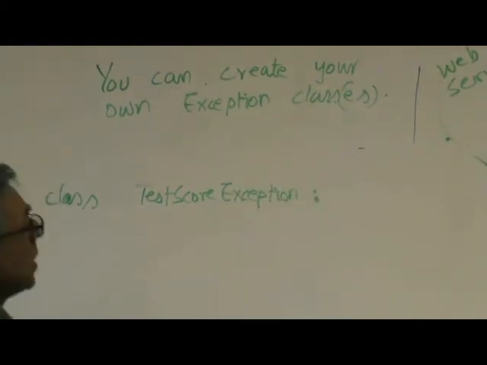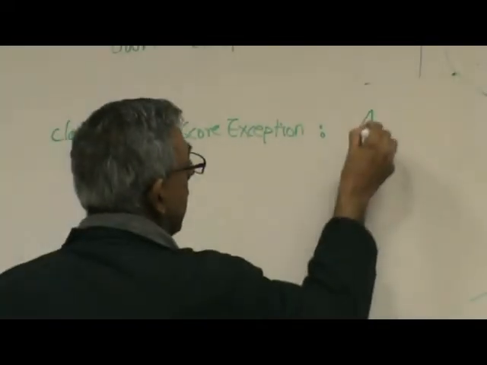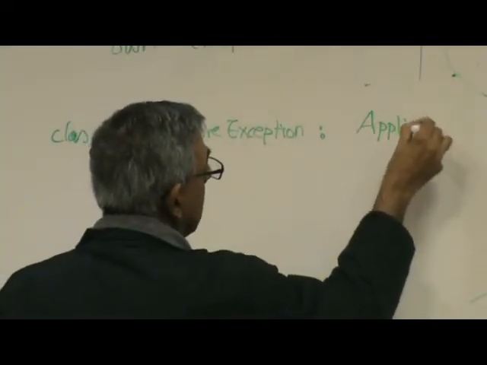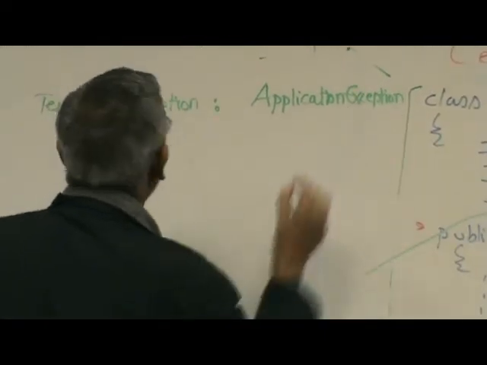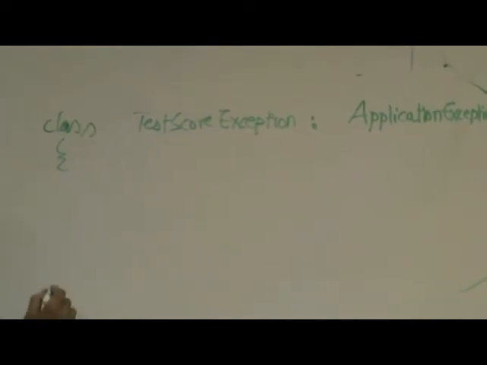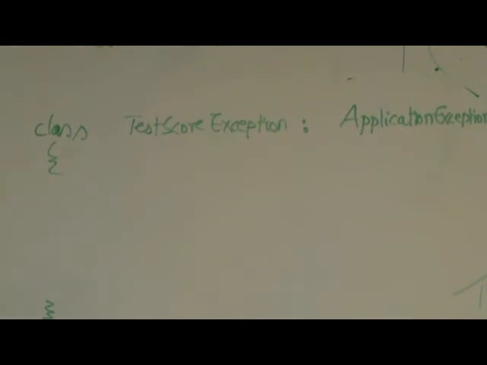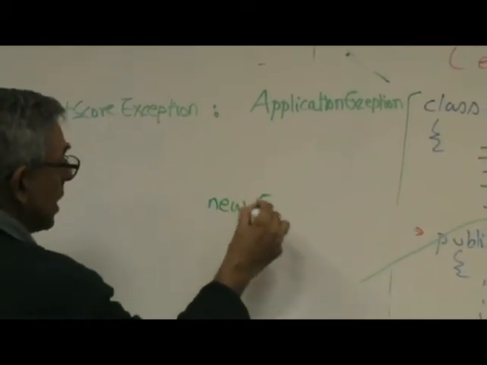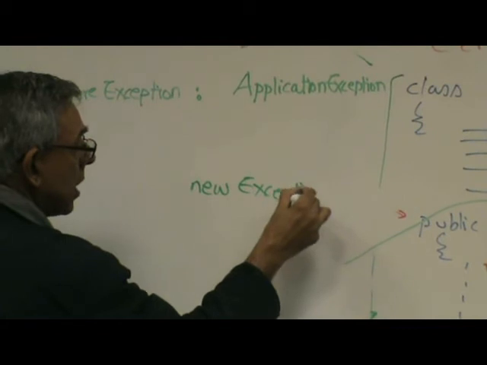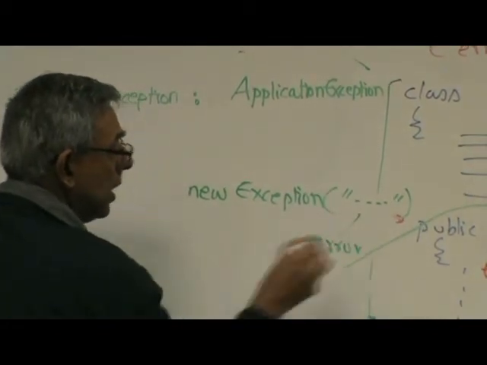Okay, now the rule is, if you're creating your own exception, we inherit it from a class called application exception. Okay. Remember in the constructor, whenever I say, for example, throw new exception, what do we specify? Some kind of error message, right?